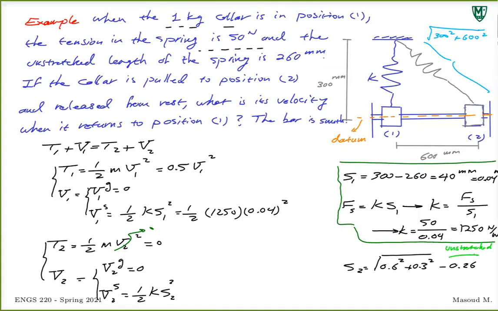Unstretched length, because S is representing how much the spring is stretched or compressed. Keep emphasizing that because that's probably somewhere that mistakes happen. So if you do that, your S2 becomes 0.411, if I did not make any mistake there, meters.